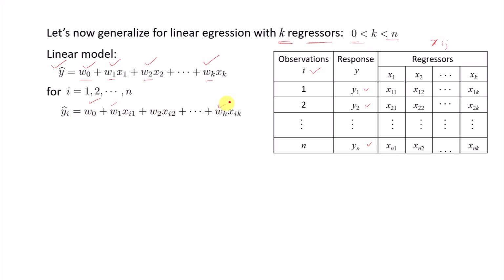So it goes up to wk xik, and then I can write it succinctly using a summation sign. This is w0 plus summation of wj xij. So this j is identifying that particular independent variable, and i is identifying the particular experiment.